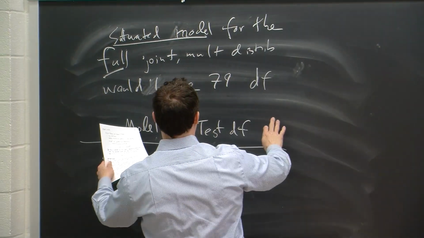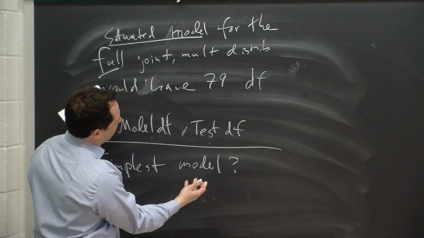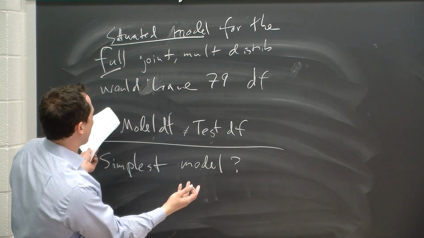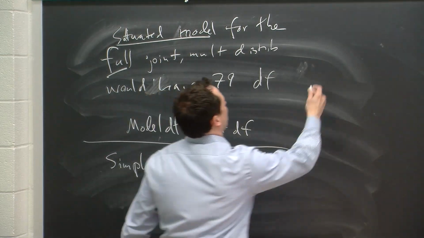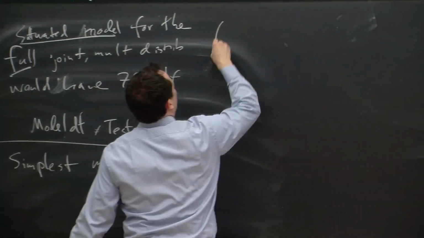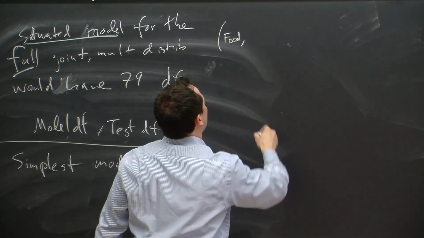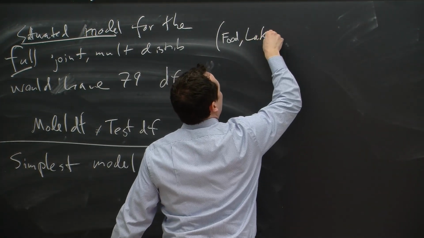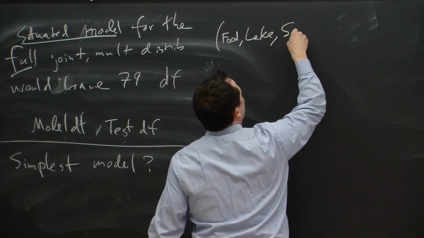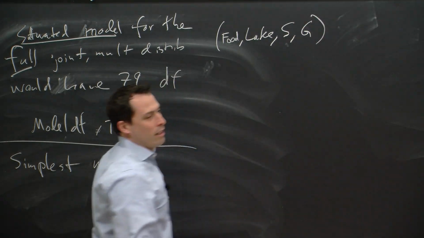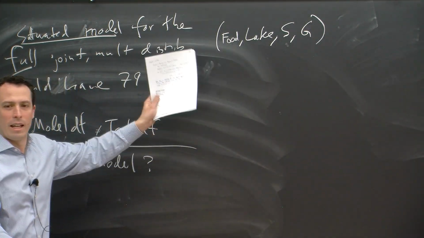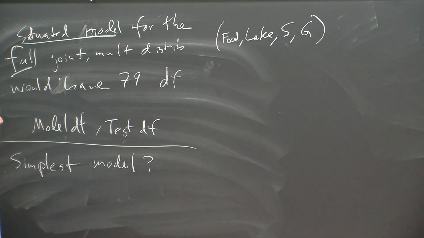So for the joint thing, if I don't choose this crazy one where everything is equal, I probably want an independence model, right? So that would be the log linear model. Here's food and lake and size and gender, and there are no interactions allowed. They're all independent.